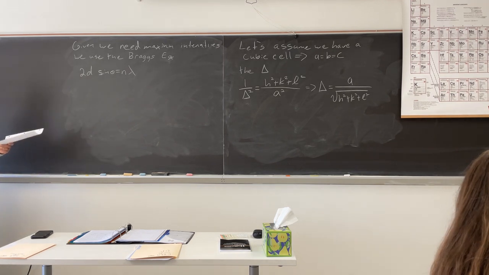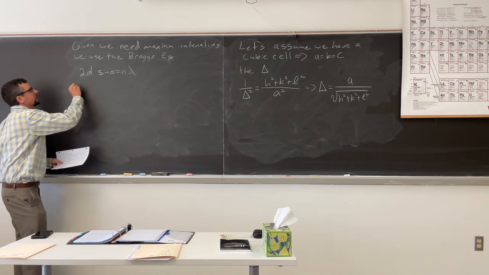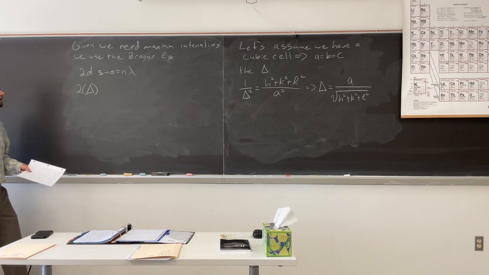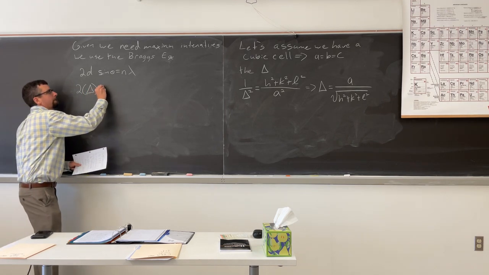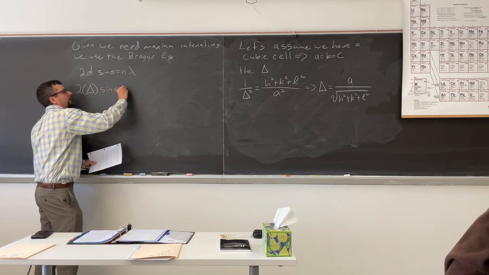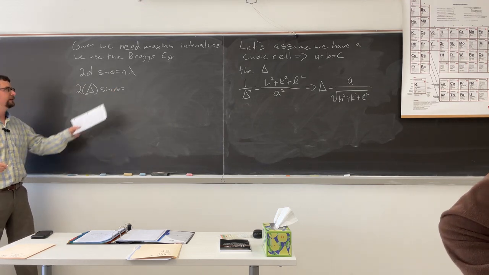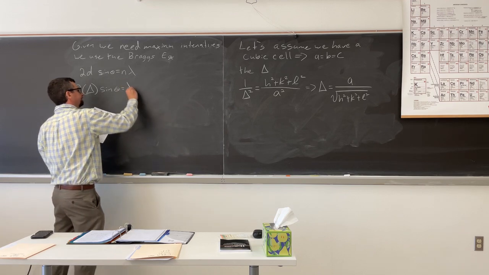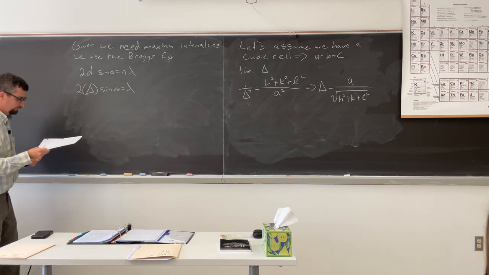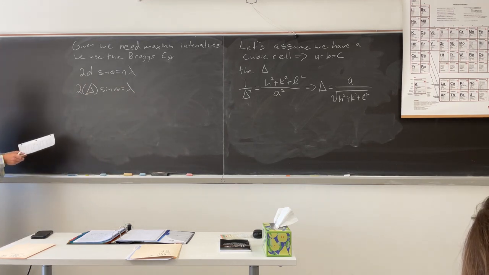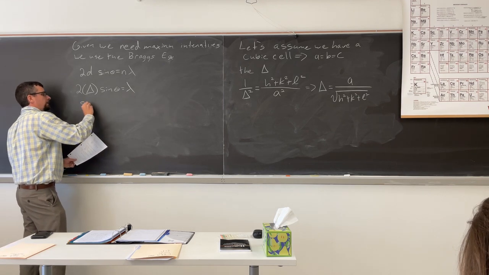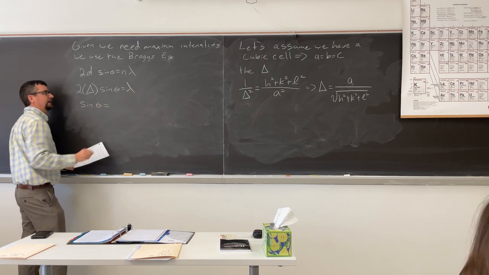Since we're trying to determine distances between planes, D is going to change to our delta. And we care about maximum intensity, so what do you think we're going to do with that N value? Okay, what we're going to do, let's get sine by itself. What's sine theta equal to?